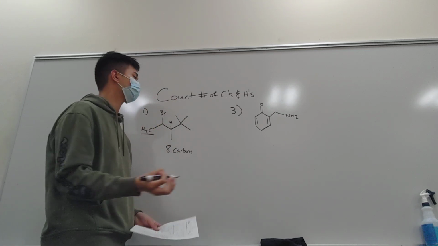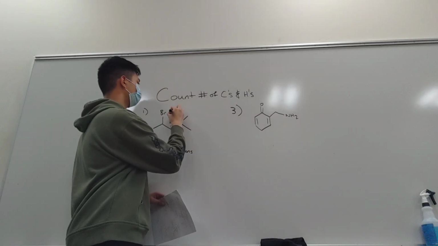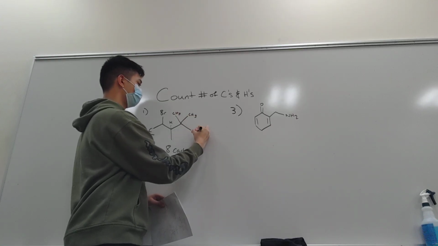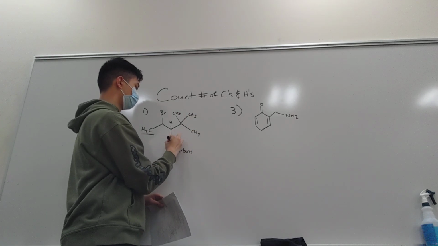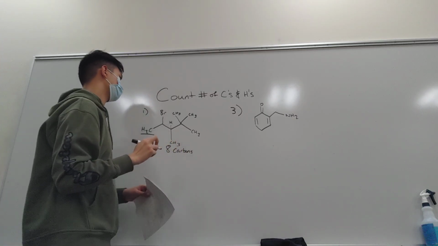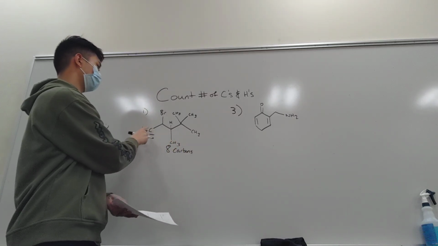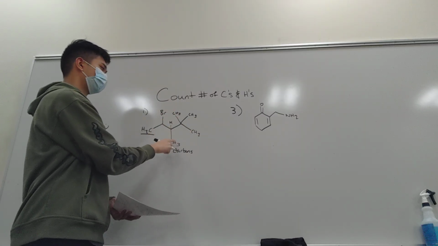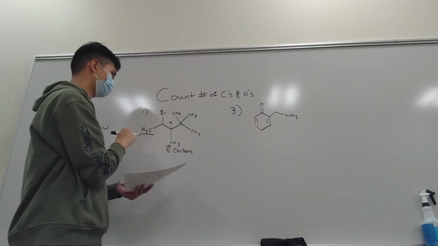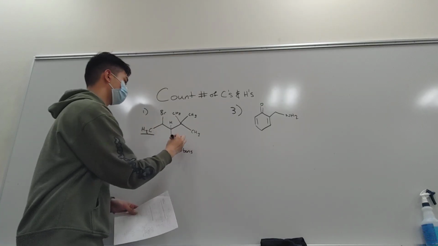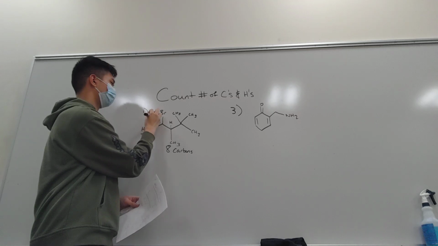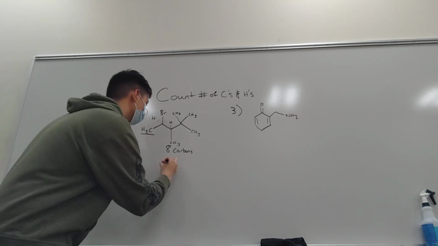So if we do the rest, let's see, CH3, CH3, we can see that there's going to be 3, 6, 9, 12, 15, 16 hydrogens, as well as one other hydrogen right here, making it 17 hydrogens.